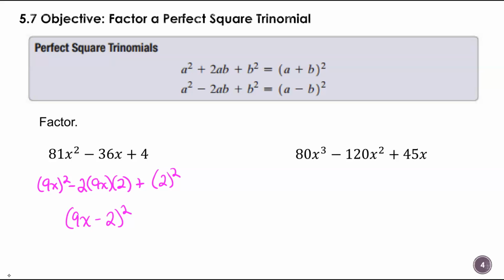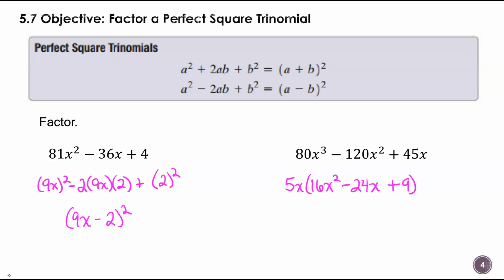Now on the next one, my first and last terms are not perfect squares, but we also have a common factor here. So if we have a common factor, we would take that out. This common factor is 5x, and then we would check, right? What do we have left? So we would have 16x squared minus 24x plus 9.